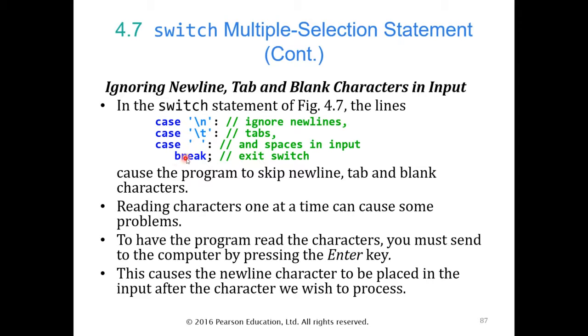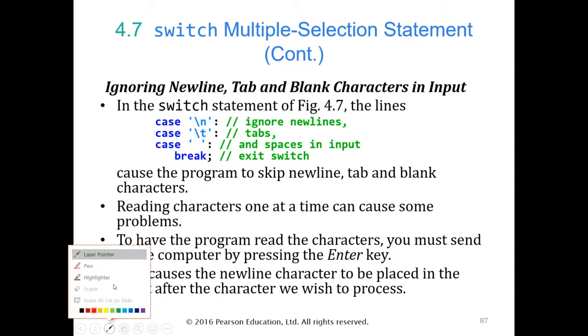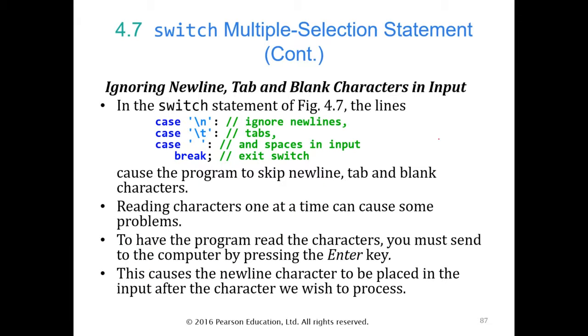So you just want it to break and then go back to the while loop and then execute again. So every time the user presses enter, get character is going to give you two characters. So your loop will run two times.